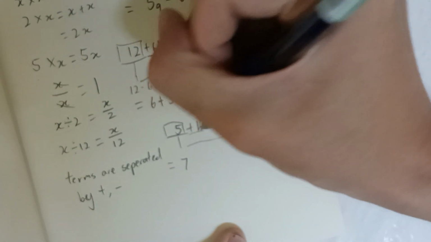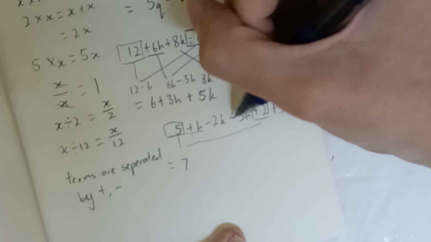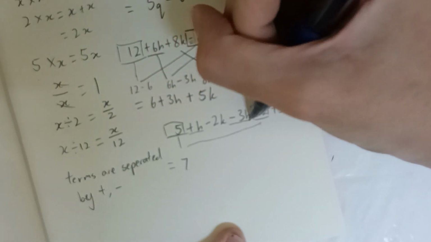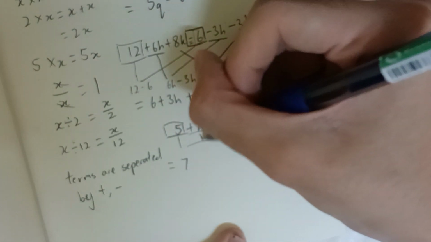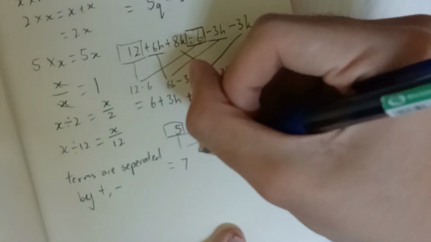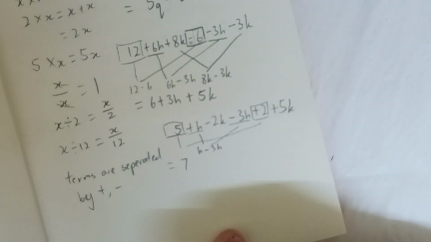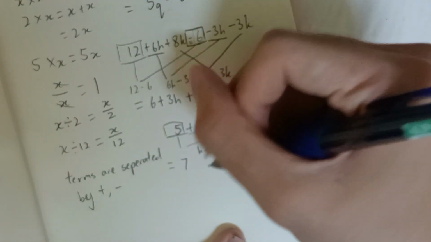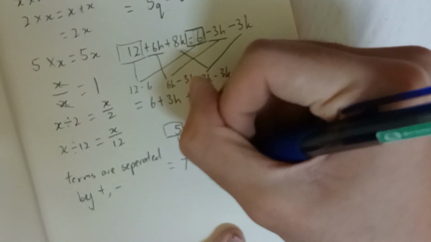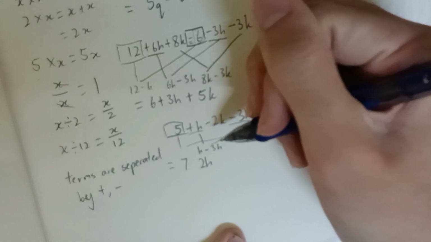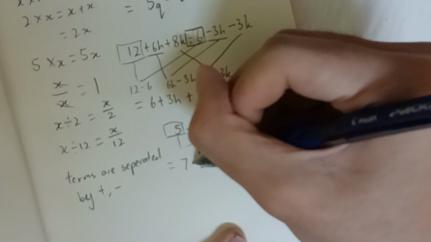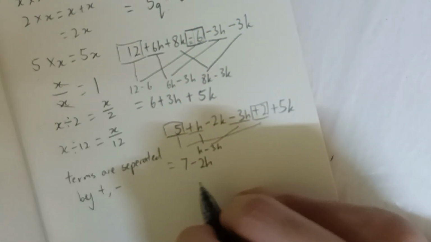Next one is your h plus h, and then here, where's my other h? Minus 3h. Now here, when you have h minus 3h, what do you get? You would be getting negative 2. Okay, so because you have negative 2, the symbol here now it is a minus, 7 minus 2h.